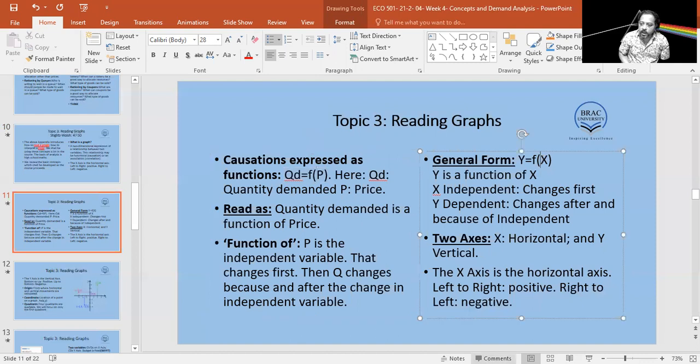Over here, X is the independent variable. The dependent variable by convention is always expressed on the left side of the equation, like over here, quantity demanded at a particular time. Over here, Y.